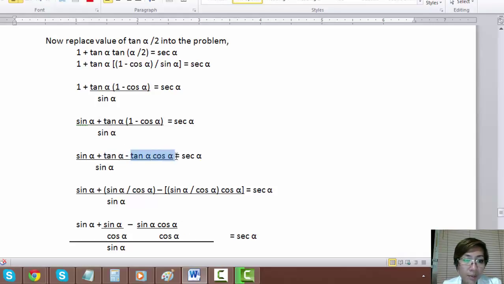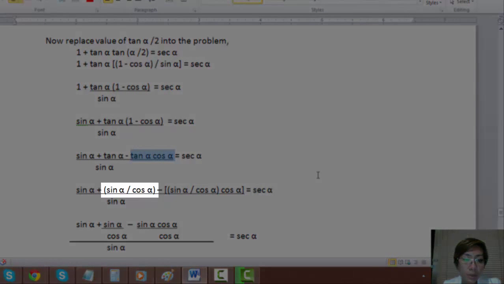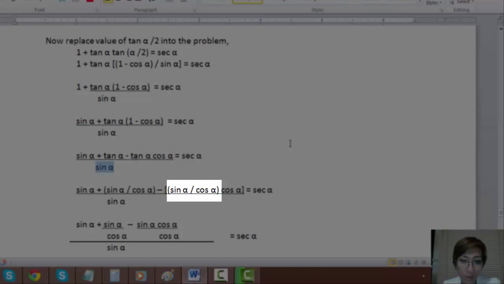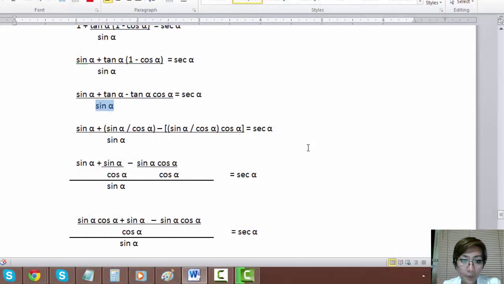Next is simplify tangent alpha into sine alpha over cosine alpha. The same with this one, into sine over cosine alpha. And the rest will follow the same from the previous terms.